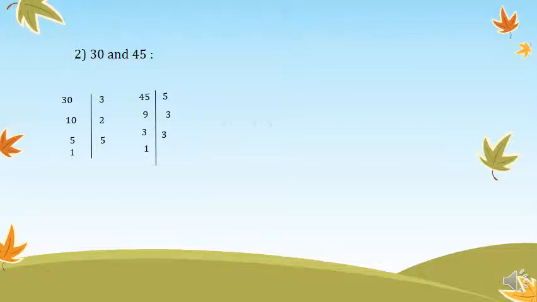Now let's write them down. 30 is equal to 2 times 3 times 5. 45 is equal to 3 squared times 5. Now let's find the GCD and the LCM of 30 and 45. First step, I circle the common factors. 3 and 3 squared, 5 and 5.